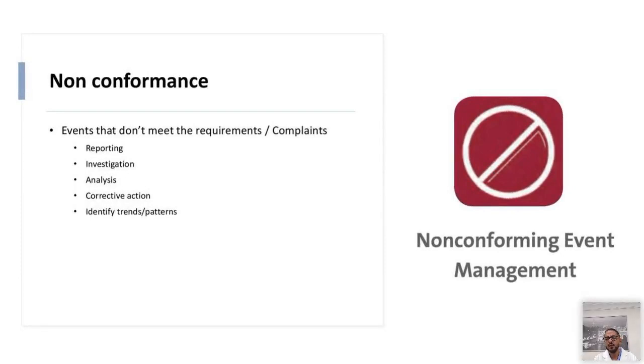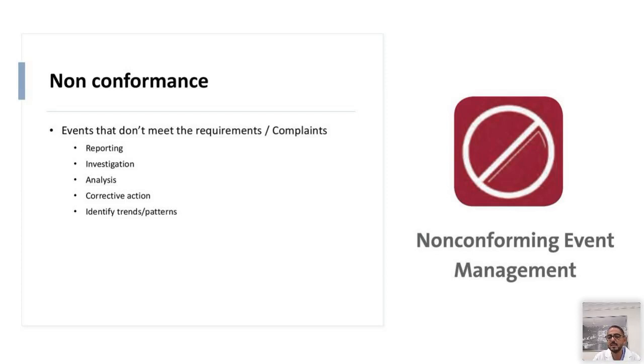Down the road, you would note that there are some issues with your production that you discover after the fact, which is basically non-conformance. Non-conformance is events that don't meet the requirements, or also complaints that we receive from our customers. How are we going to tackle those non-conformances? What kind of reporting channels do we have? What investigation is carried out?